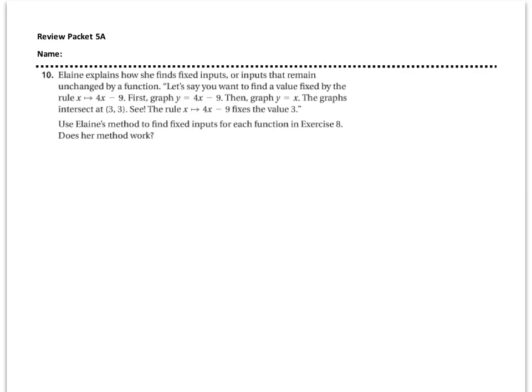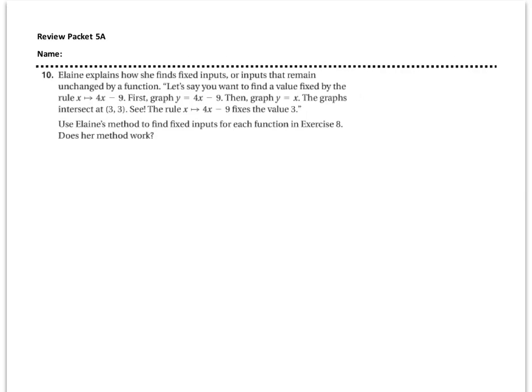Does her method work? Her method is, if you have a function like this, just graph that, okay? And then graph this one, and then find the intersection points.